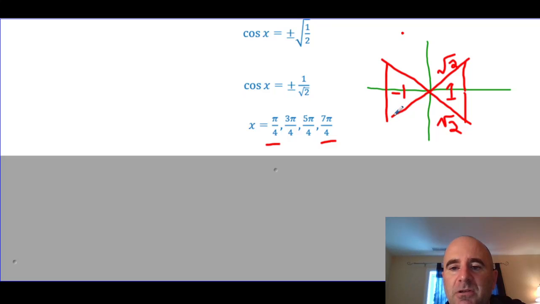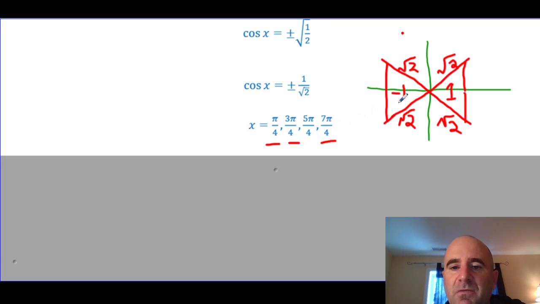What that would look like is we would have negative 1 here, and then we would have the square root of 2 right here, and the square root of 2 right here. Those are also possible answers, all 4 of these triangles. Pi over 4 is the little angle in here. So this one here is 3 pi over 4 because it's pi subtract pi over 4.